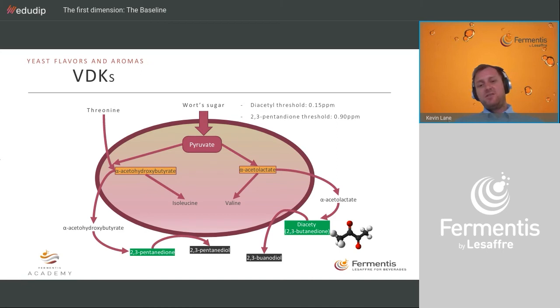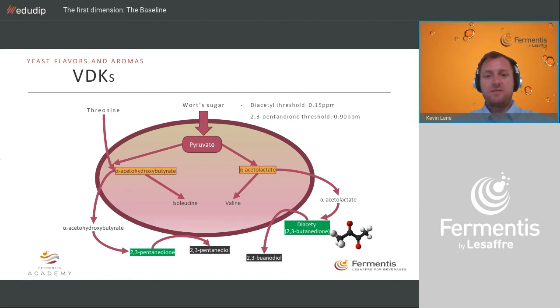At the end of fermentation, usually the yeast will clean itself up, but it depends on how healthy the yeast is at the end of fermentation. So these can take in these diones, the vinyl diketones, and convert them to a more flavor neutral diol, 2,3-pentanediol and 2,3-butanediol. That's really what you're expecting at the end of fermentation.